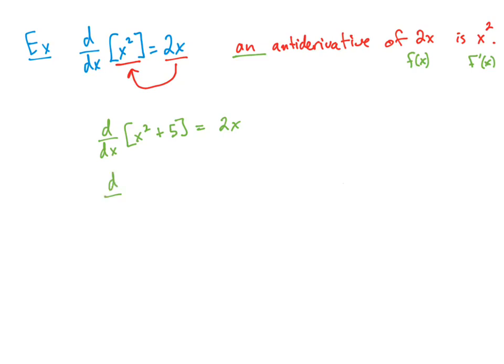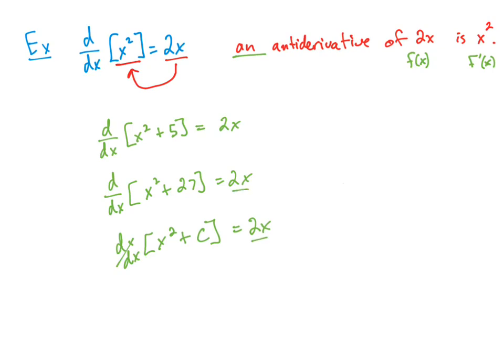If we take the derivative of x squared plus 27, that also gives us 2x. In other words, if we take the derivative of x squared plus any constant c, that gives us 2x. So when we're finding the antiderivative of something like 2x, we always need to account for the fact that in the antiderivative there could have been a constant there.